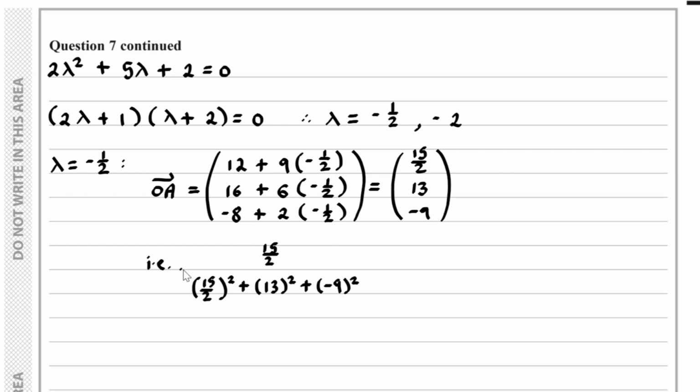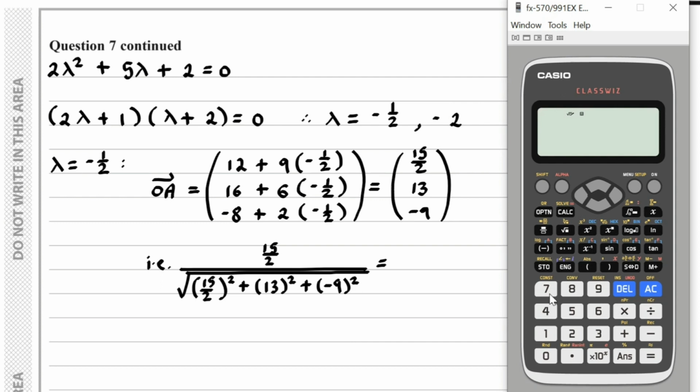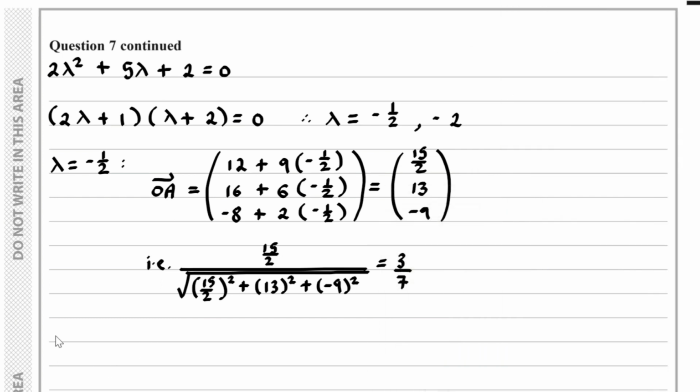So if I work out what this is, we've got 7.5 over the square root of 7.5 squared plus 13 squared plus 9 squared, which is 3/7. And now let's do the same thing with the value of lambda equaling minus 2.